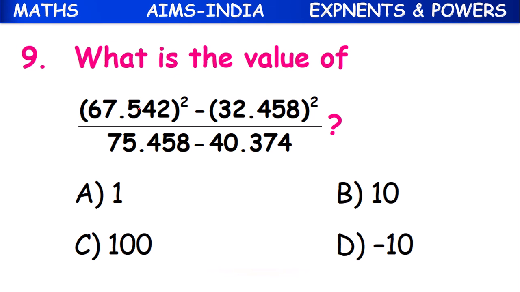Next one. What is the value of this decimal number whole square minus another decimal number whole square, by the difference of these two decimal numbers? Suppose this is A and this is B, it is in the form of A square minus B square, children, whose formula is A plus B into A minus B. Let's write in that form.